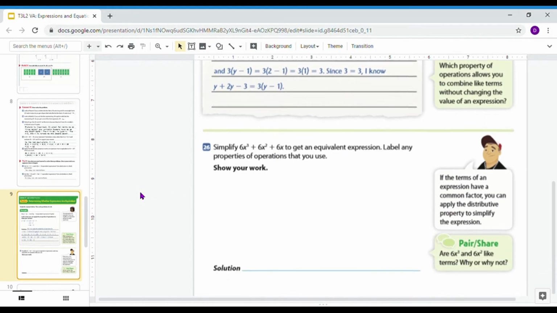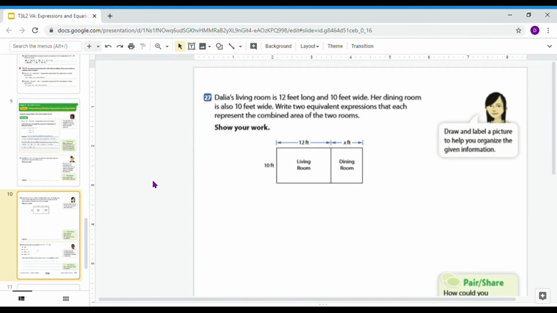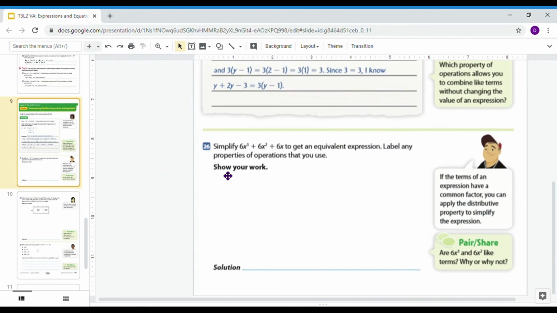I'm going to do the next 3 problems up on the board. So let's dive into number 26. Simplify 6x cubed plus 6x squared plus 6x to get an equivalent expression. Label any properties or operations that you use.